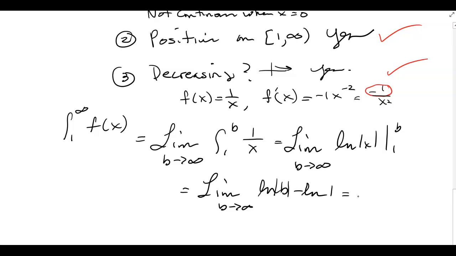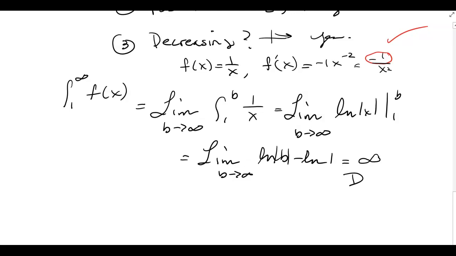Ln 1 goes to 0, but when you put in infinity, the natural log of a number as that number continues to increase and go to infinity actually is infinity. Okay, so that means the improper integral, which we found at the end of chapter 8, diverges.